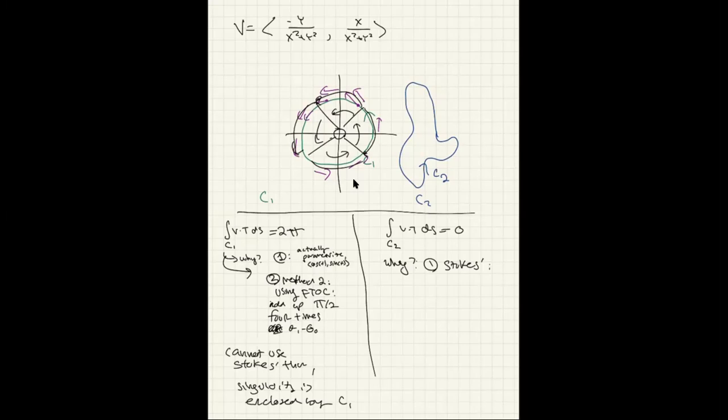So because there's no singularity, you can say that the single integral, C2 v dot t ds, just this thing, equals the double integral of the curl on the inside. And you can show that this is 0, so the full thing is 0.